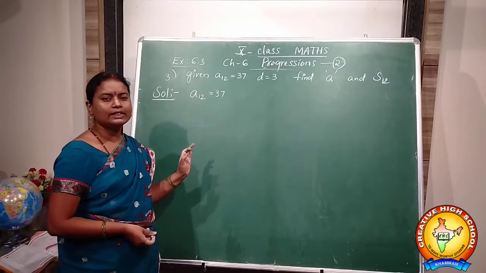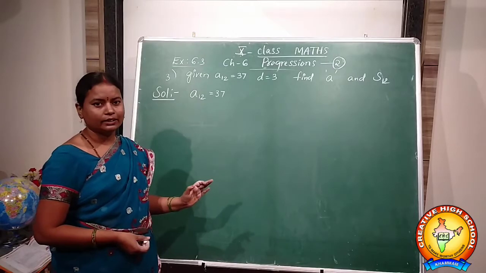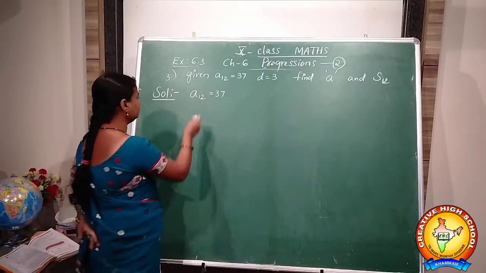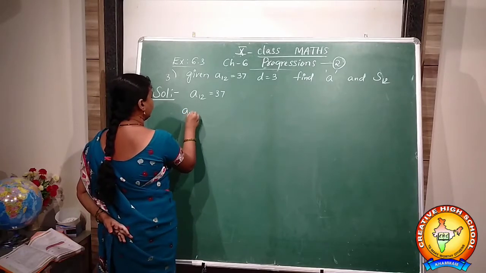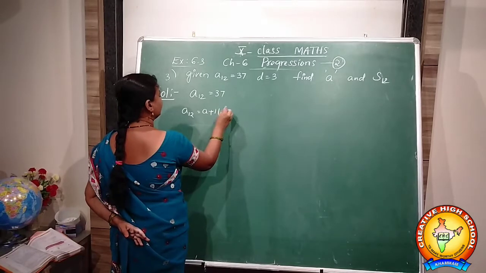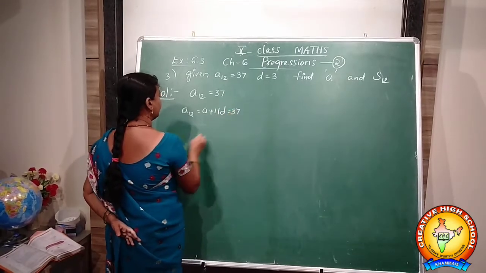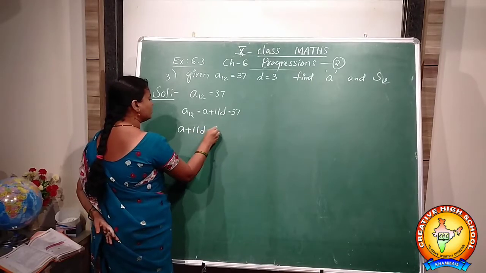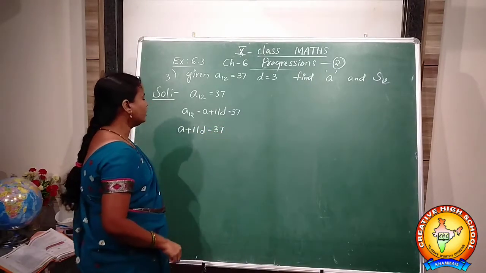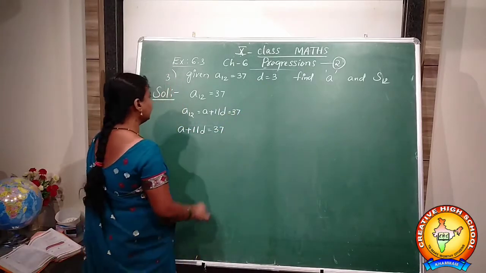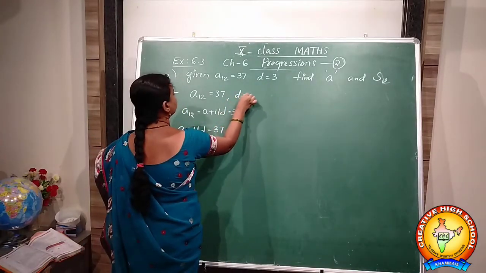The a12 formula is a plus 11d. So a12 is equal to a plus 11d, that is equal to 37. That means a plus 11d is equal to 37. And the d value is also given, d is equal to 3.